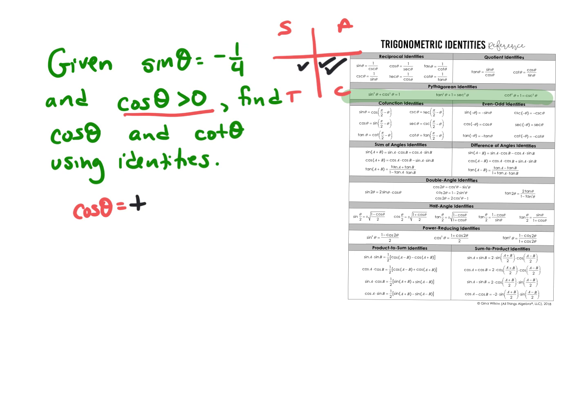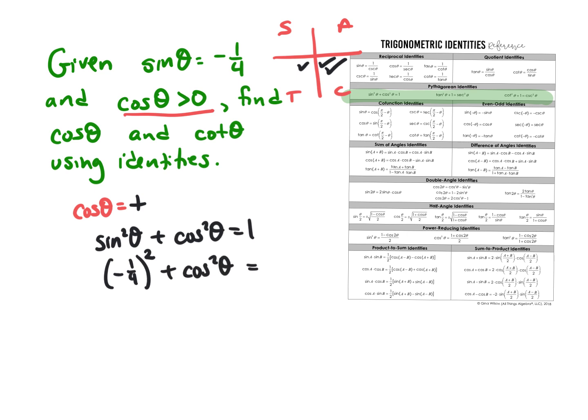So I have sine, I want cosine. I'm just going to use this initial Pythagorean identity: sine squared plus cosine squared equals 1. Sine is negative 1/4, so I can replace sine theta with negative 1/4. Negative 1/4 squared is 1/16, plus cosine squared theta equals 1.